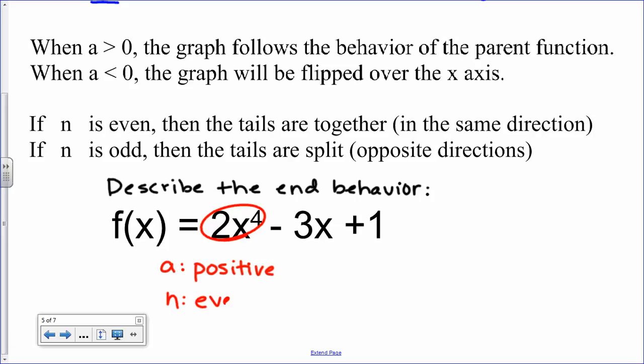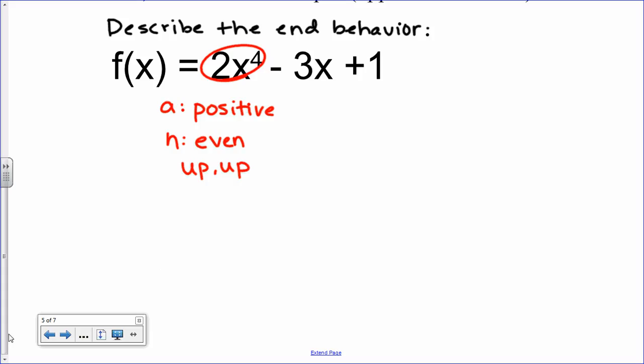Even. Okay. So then, since it's even, the tails are in the same direction, and positive means that my end behavior would be up, up. Okay. So let's write that now more formally. Last chapter, we just had to write up, up, down, down. Now we're going to write it a little bit more formally.